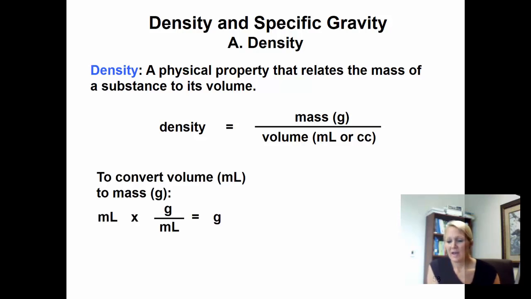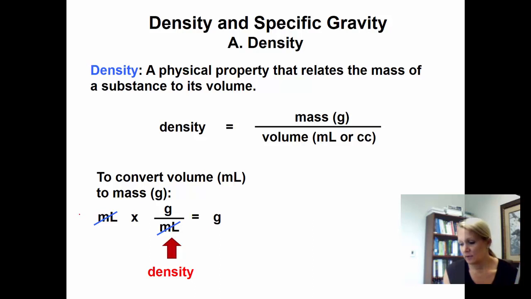This is useful. If we have the volume of a substance and we want to find the mass of it based on its density, then we can do our one-step conversion using the density, since it uniquely has a mass and a volume unit. So if we had 1 milliliter, and our density, let's just say, was 1 gram per 1 milliliter.